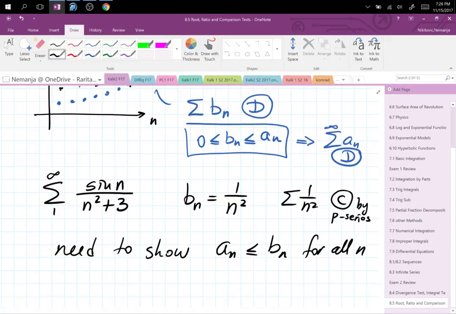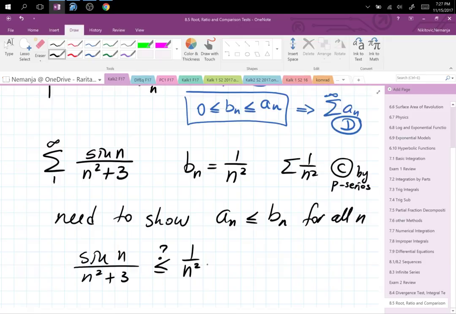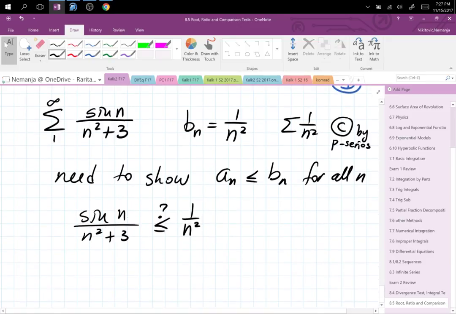So what do we do? We just simply write sine n over n squared plus 3 needs to be less than, with a question mark, 1 over n squared. Sine n is bounded by 1.